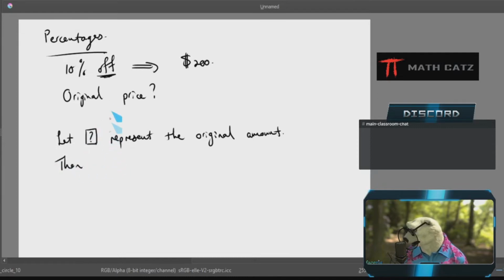Then I have the relationship between these three things, in that the original price gets decreased by 10%. What is the calculation? Well, it's a decimal number in front from my base 1 down by the decimal version of 10% times the original price, the quantity, and that results in 200.